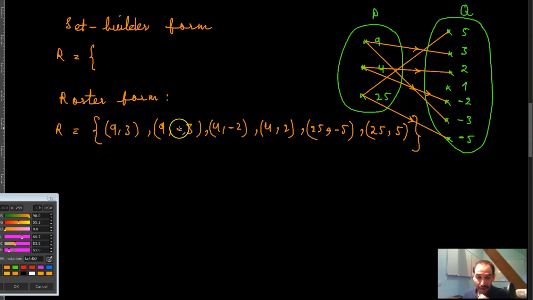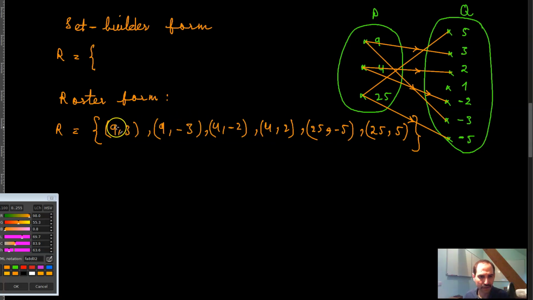And I can say that X is always the square of Y. As you can see, 3 squared is 9, -3 squared is 9, -2 squared is 4, 2 squared is 4, and so on and so forth.